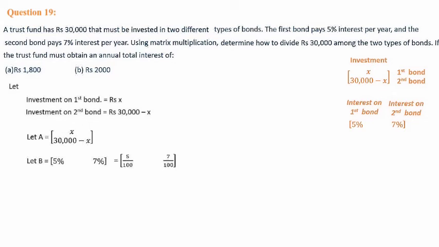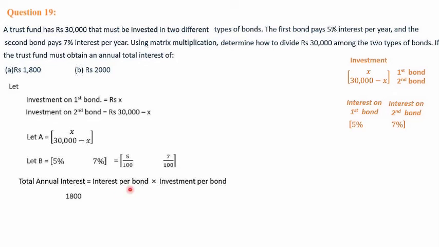So here 5% means 5 by 100 and 7% means 7 by 100. We have written in fraction format. So total annual interest means interest per bond into investment per bond. How much you are investing, that amount into the interest, you will get the annual interest. So here 1,800 is the first amount they want to get as interest.